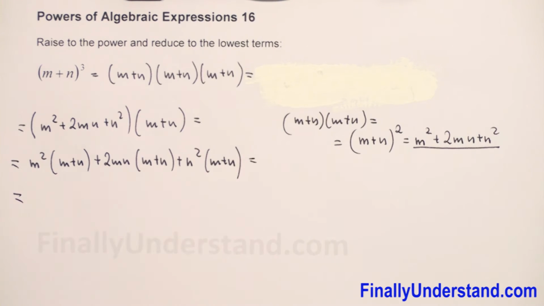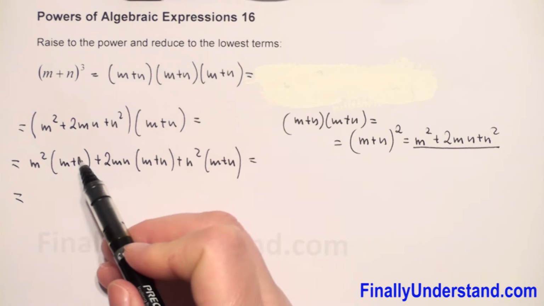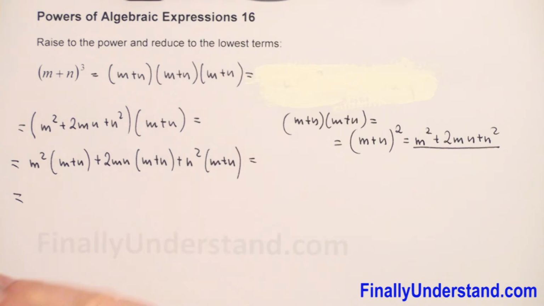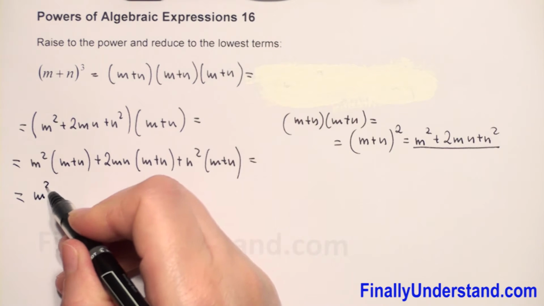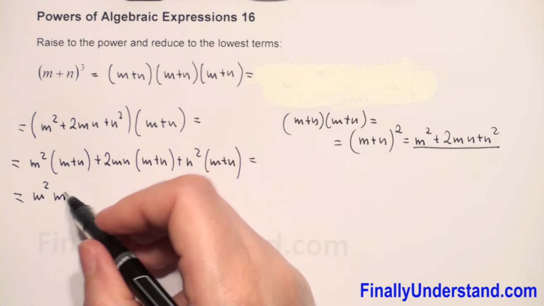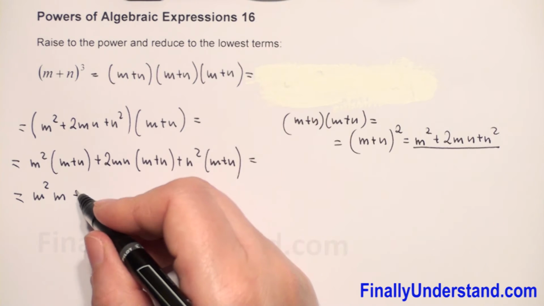Now we have to use the distributive law of multiplication. It means we have to multiply every expression in the parentheses by the expression which we have before the parentheses. So we have m squared times m. Next we have m squared times n, because we don't have a sign here, it's always positive, so positive times positive gives me positive.